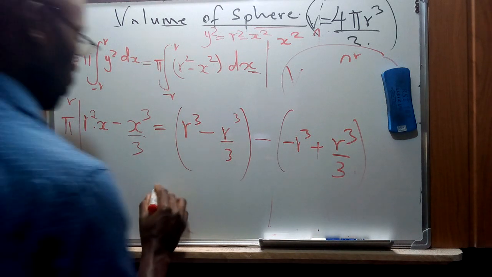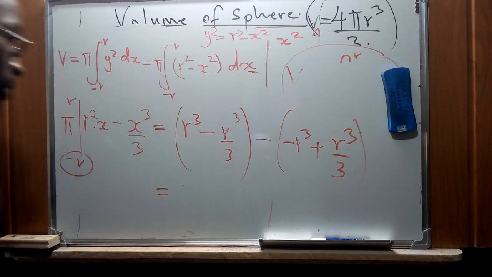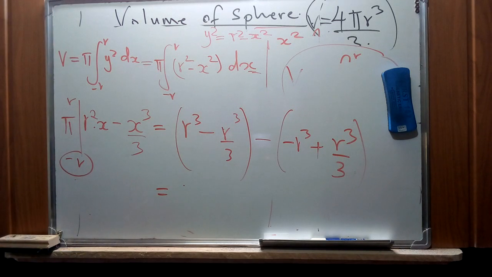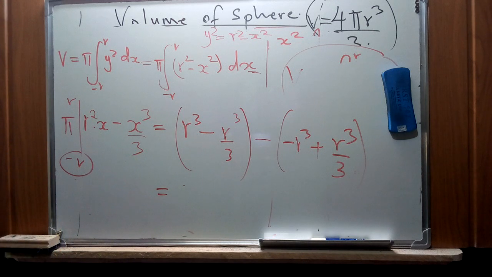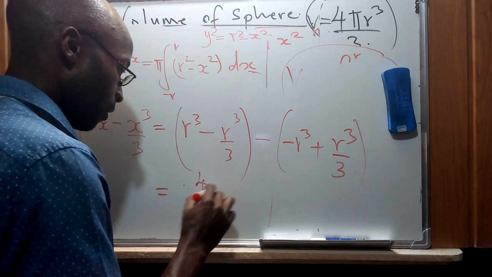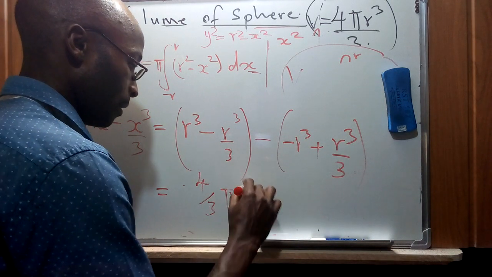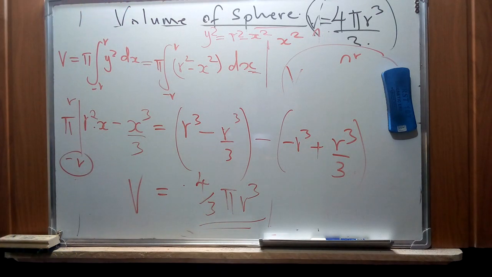This gives us 4 over 3 pi r cubed, which is the volume of a sphere.